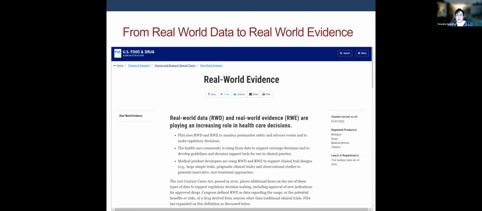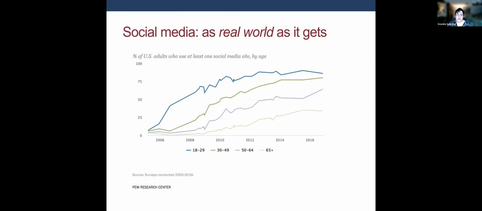So this is where all of this is directed. We want to have the right methods in data collection, the right methods in systematic data analysis, so that we can call the evidence derived from real world data real world evidence. So it requires very, very systematic mining.